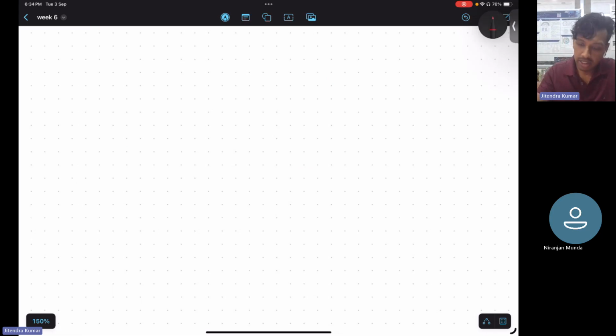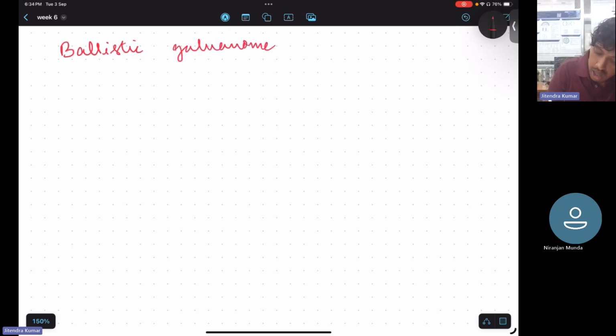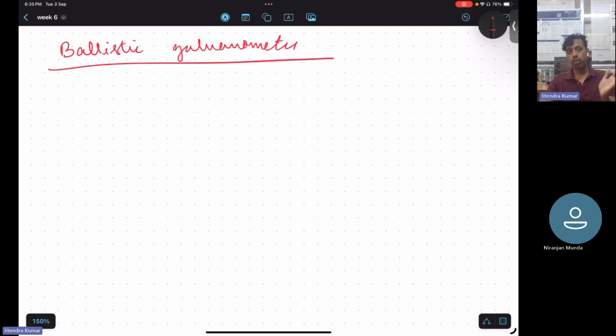So what is a ballistic galvanometer? Two questions will be there in the assignment based on the ballistic galvanometer. Basically, the concepts of magnetic flux and electrical current are combined, so you can relate both of them and see how they are interdependent.